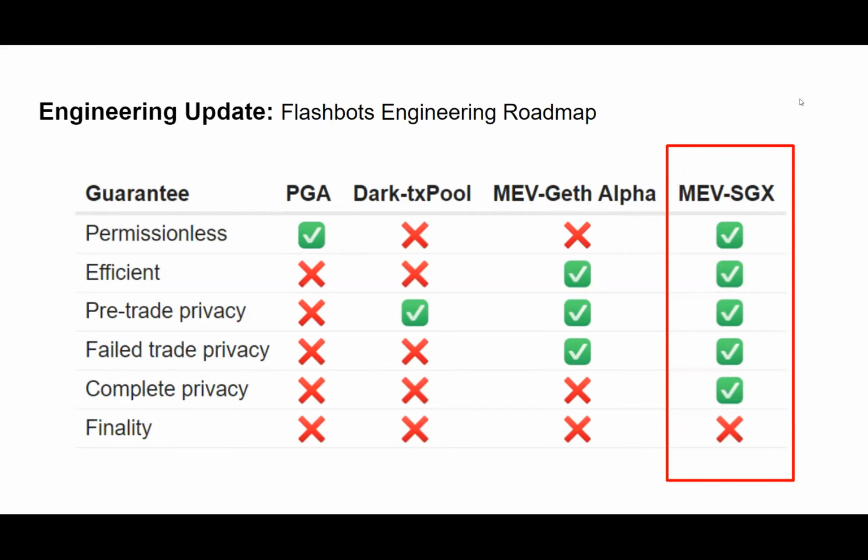And then on the spam protection side, MEV SGX also introduces the ability for anyone to make proofs on the value that's contained in their bundles without having to process the validity of those bundles. So it provides a way to scale the amount of inbound bundles without introducing a DOS vector.